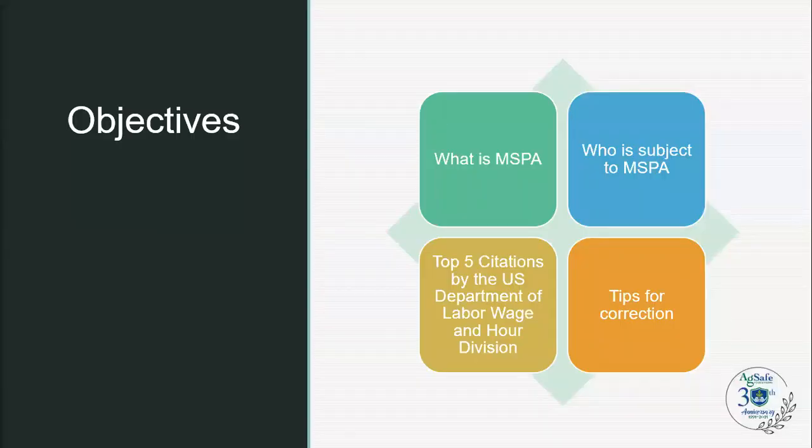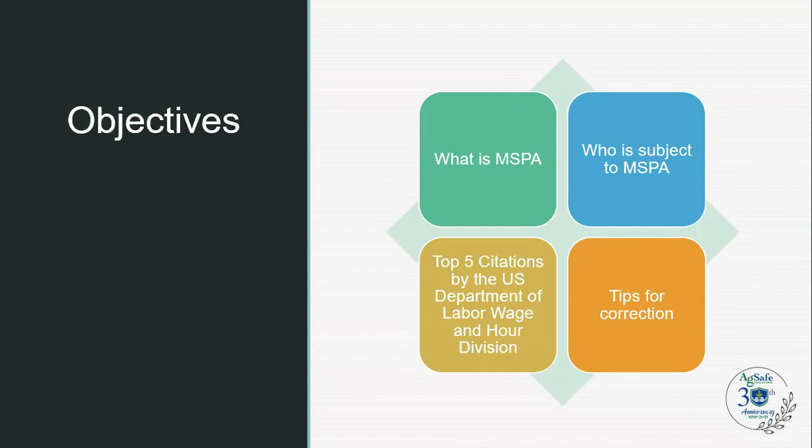Okay, so today's objectives. We only have a short time together, 30 minutes, so we're going to try to touch on a few things so you walk away with some information on MSPA. First, we're going to talk about what is MSPA, the alphabet soup of laws and regulations in the agriculture industry.